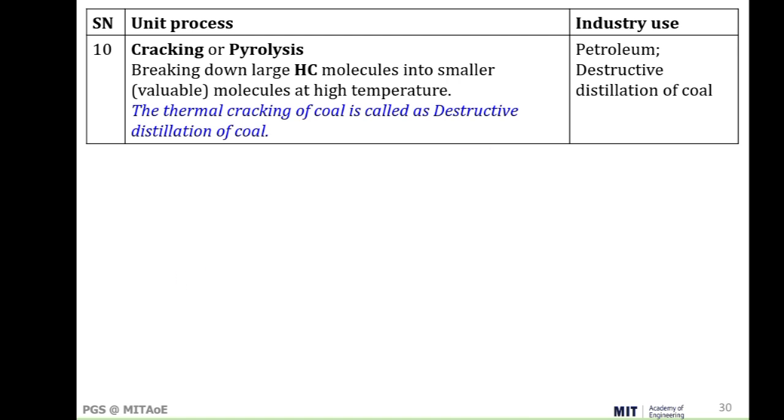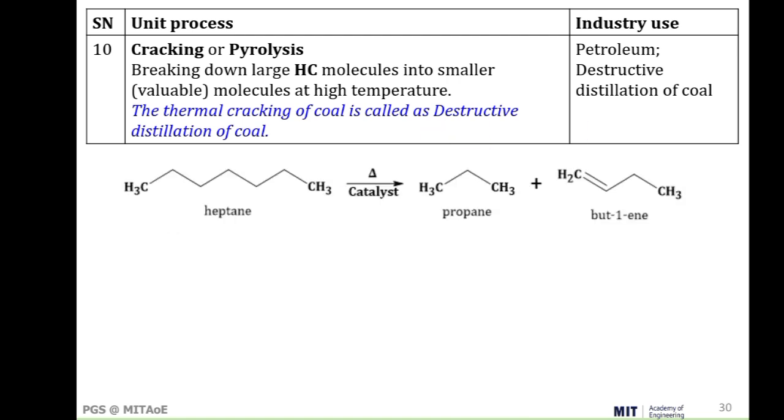One example of cracking is heptane. Heptane can be cracked under high temperature in the presence of a catalyst to form two different products, like propane and butene. So this 7 carbon compound is converted into two compounds, a 3 carbon compound and a 4 carbon compound.